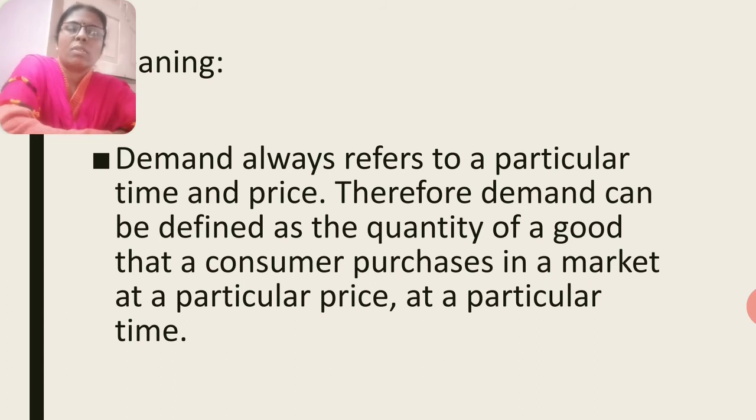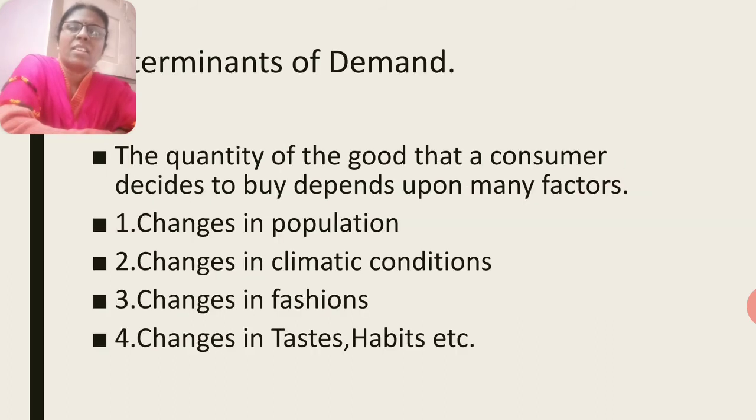Okay, so we will move to the next slide. Determinants of demand. What are the important factors that determine the level of demand? Dear students, see here, changes in population. The population of the country, or of that area, or of that particular region determines the demand for a particular commodity.